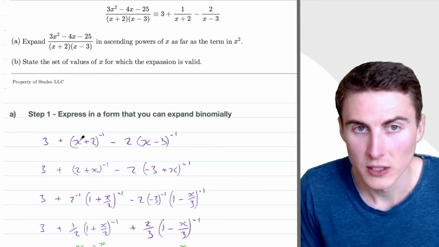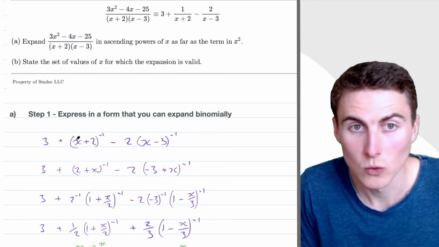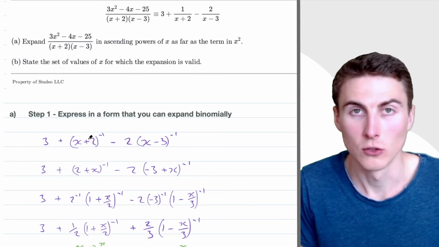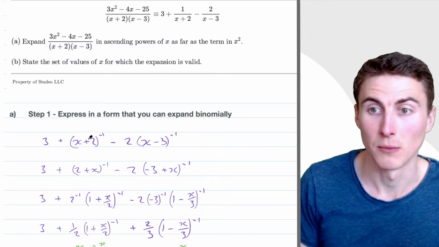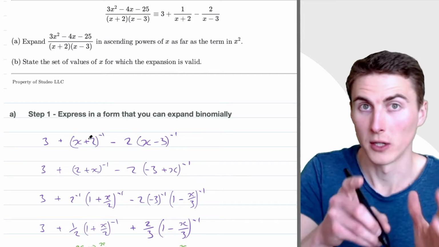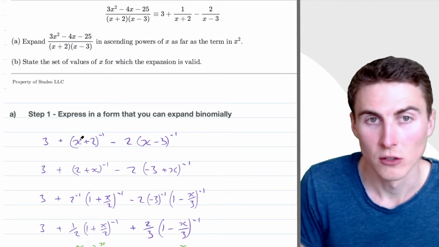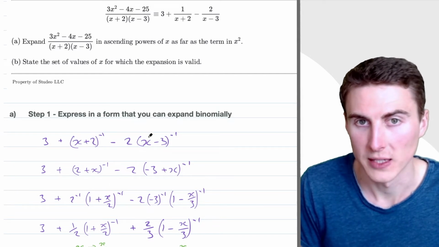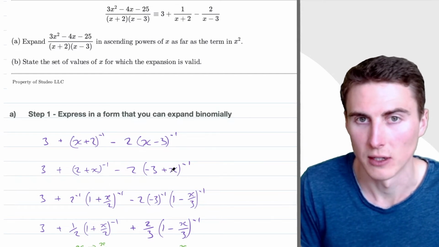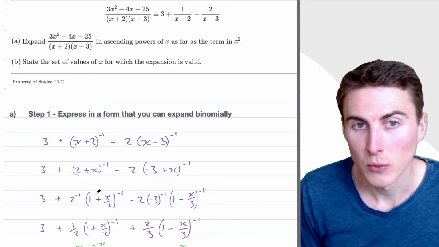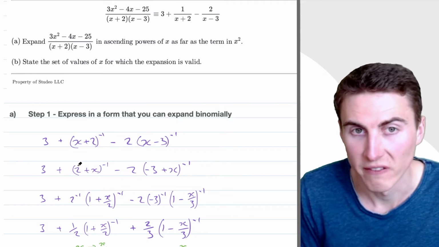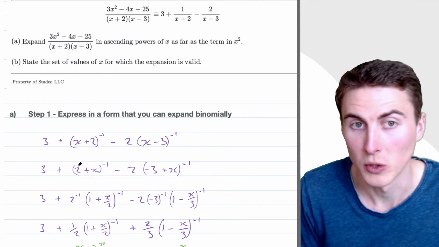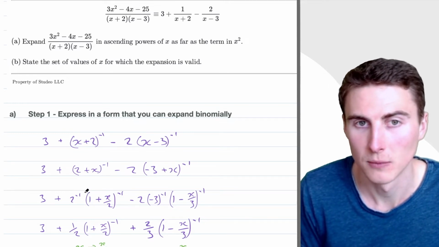Then all I've done between these two lines is swap these two around. Normally when you binomial expand something, you have 1 plus something x. You don't have the x plus the number. So I've swapped these around, and same here, I've swapped the x and the minus 3 around. And then I pulled out a factor of 2. Remember, when you pull out this factor, you've got to keep the power.